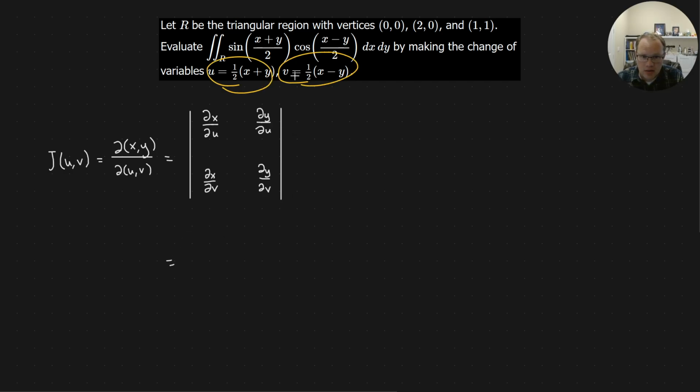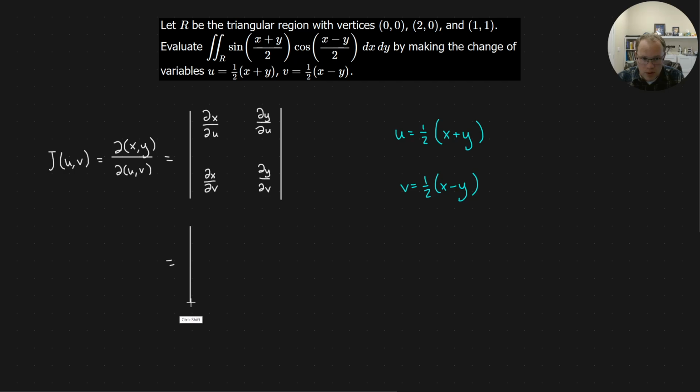And looking at what u and v are here, let me just write them here for reference. We can pretty quickly see that the partial derivative of x with respect to u. Oh, actually, you know what? We're in the wrong order here, aren't we?